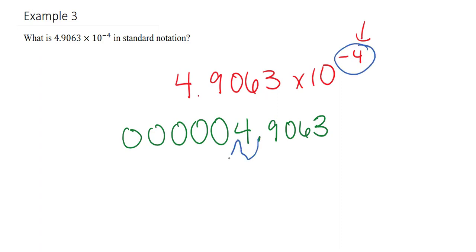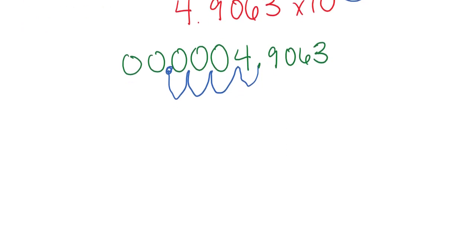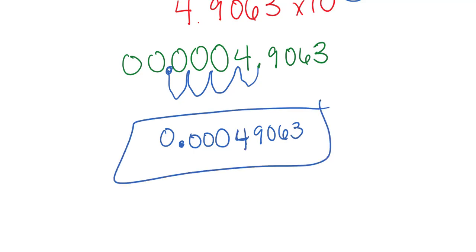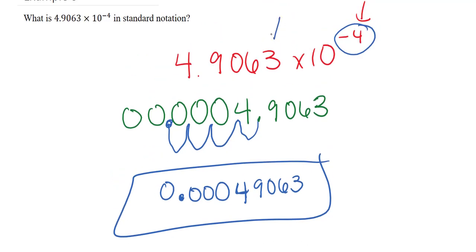So we go 1, 2, 3, 4, we stop right there. So what does that mean? So we have a number that's 0.0004963. So that is how small it is in standard notation. So this is our scientific notation, this is our standard notation.